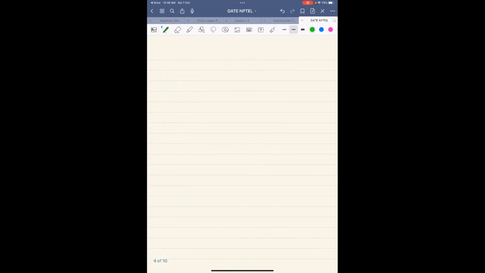Now let q equal to r by s belonging to Q. Then f of r can be written as f of s times r by s, where q is a rational number equal to r by s, written in lowest terms, although we don't need lowest terms.